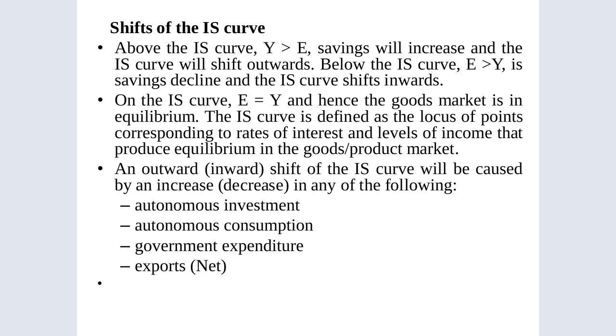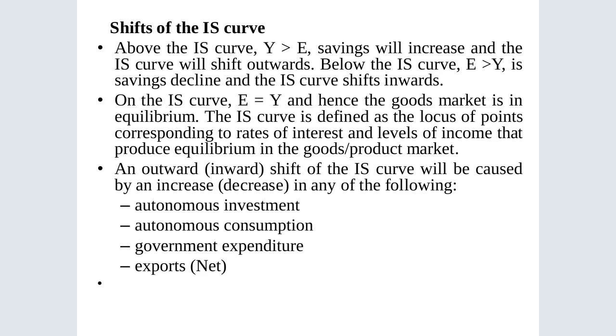Now the shifts in the IS curve. What can cause a shift in the IS curve? So we said that if income is greater than expenditure, savings will increase and the IS curve will shift outwards.